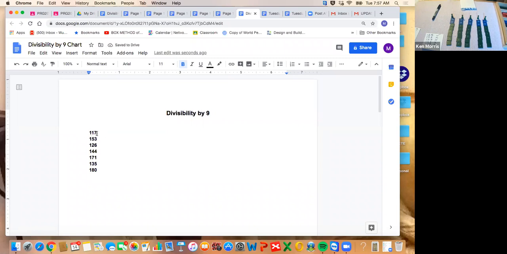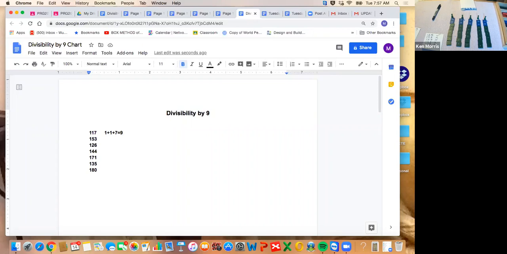I'm going to go ahead and add the value of the digits of 117. So that would be 1 plus 1 plus 7, and that equals 9, of course. All right.